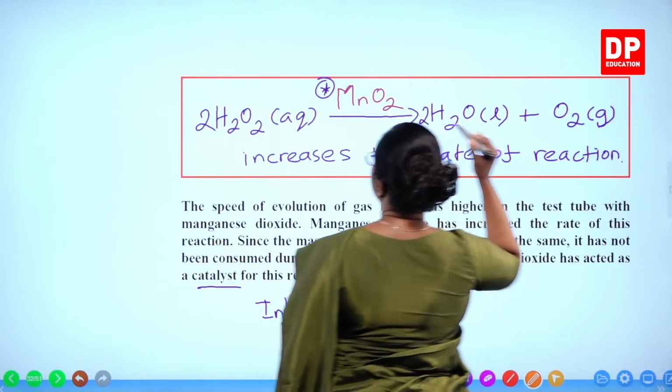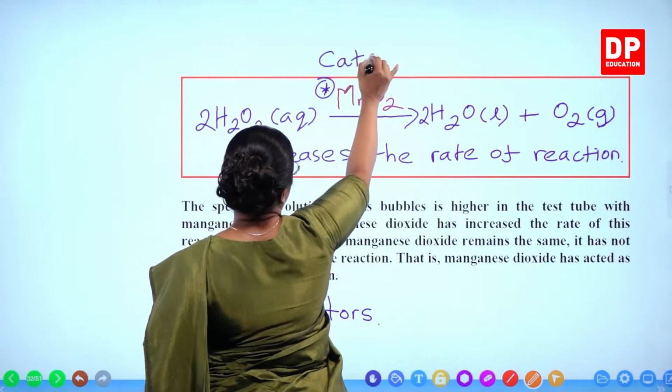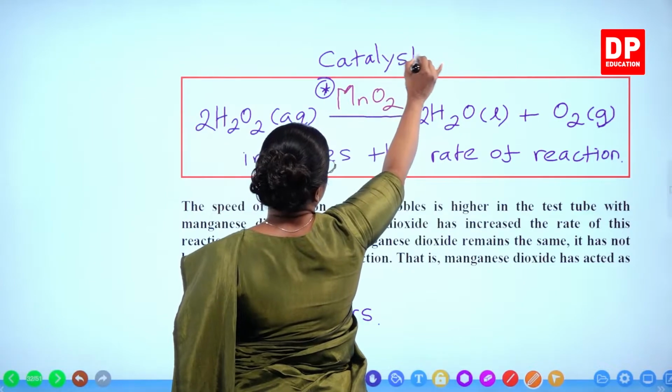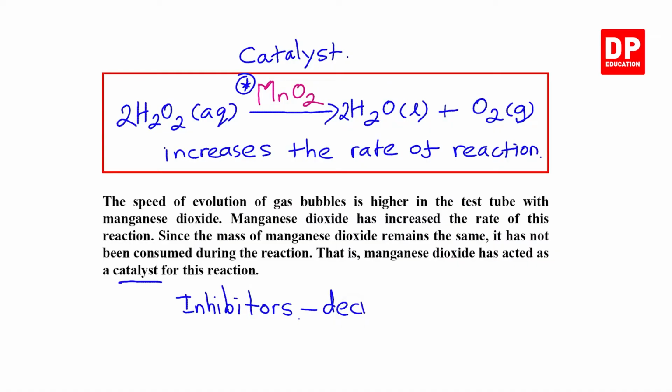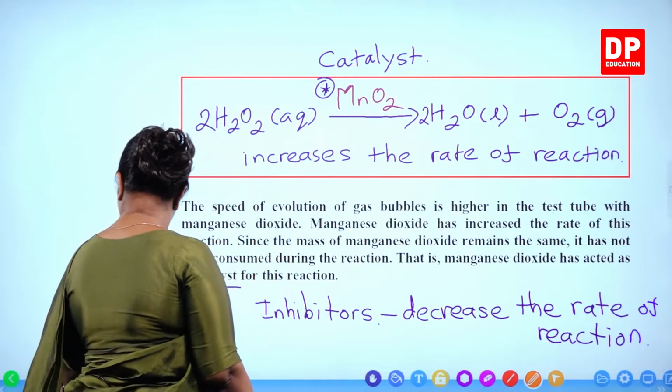But inhibitors decrease the rate of reaction. So in the next slide, I will explain an example of an inhibitor.